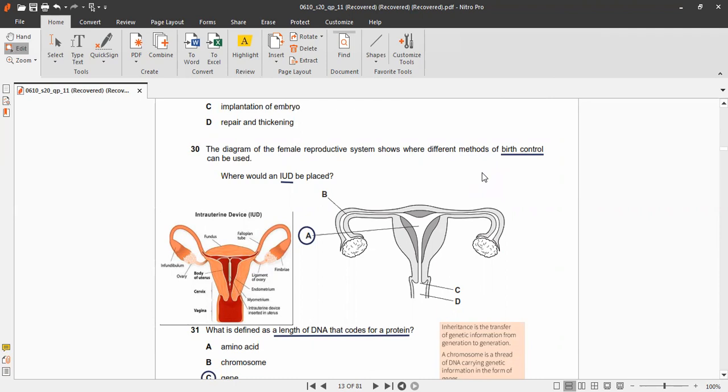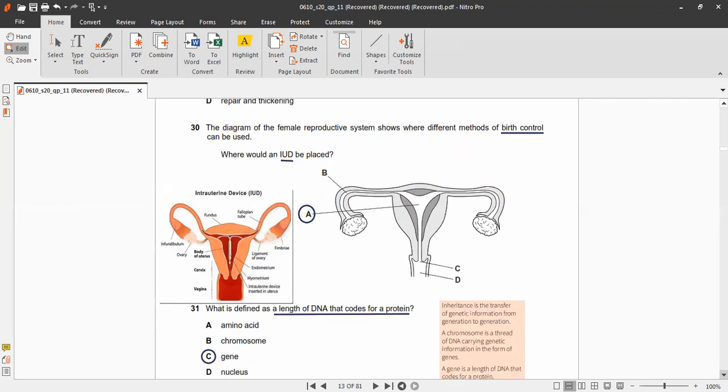Where would an IUD be placed? Intrauterine device. Yes. Inside where? Inside the uterus. So the correct answer, A, the correct place.